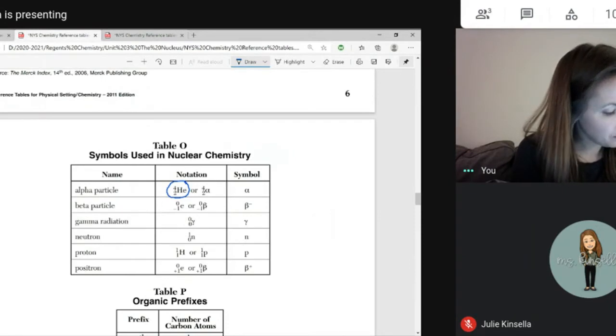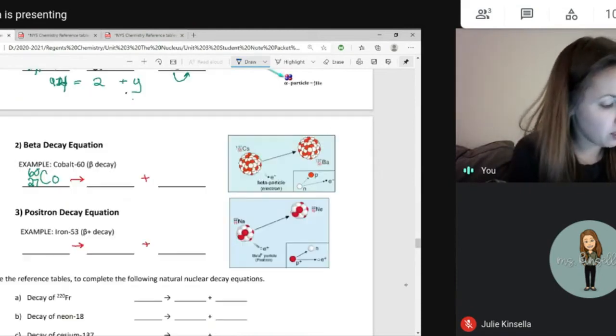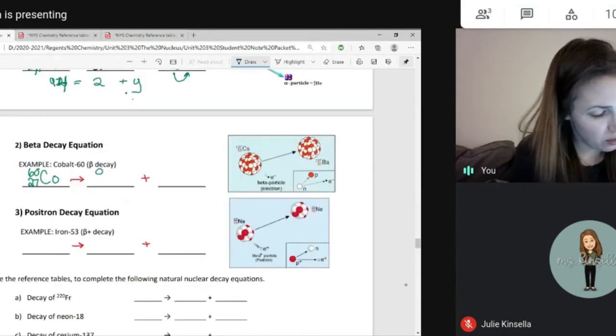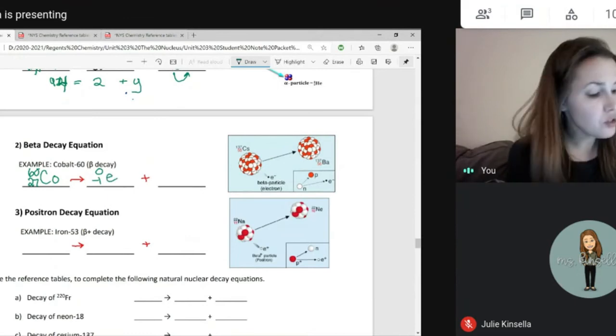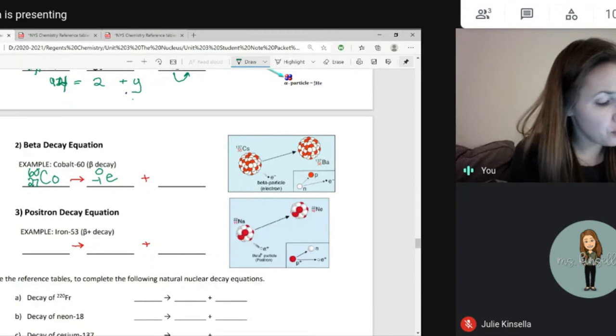So beta right here is 0 over -1 E. And that -1 is going to become important. So when I go to fill in my new element, I'm going to first do the top numbers. So I have 60 on top has to be equal to 0 plus x. So I know my top number is 60.